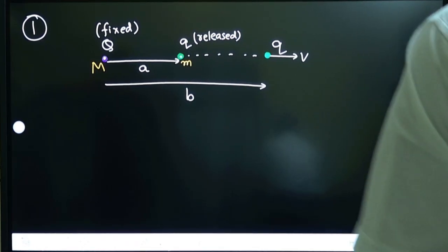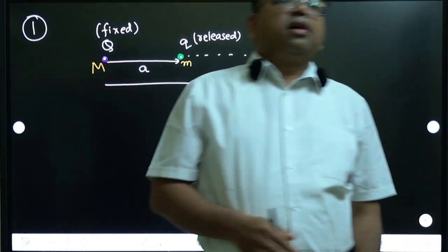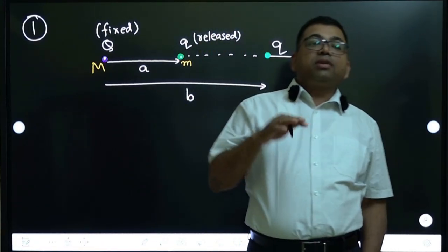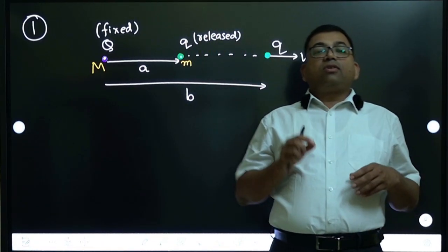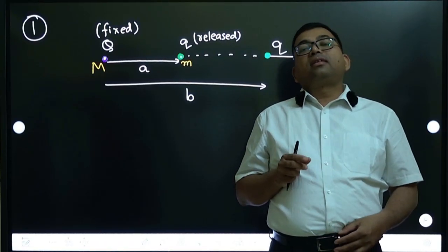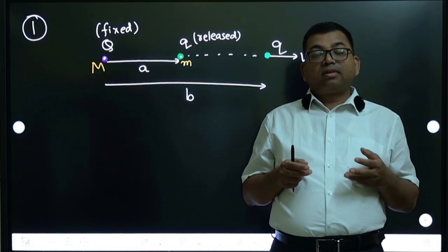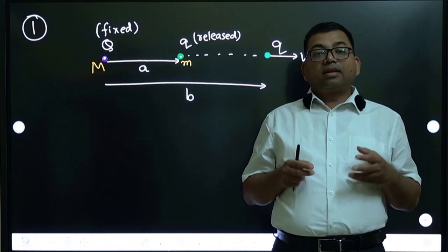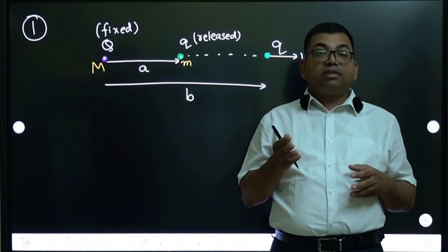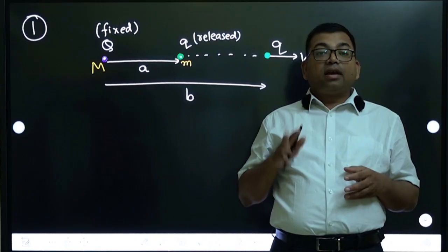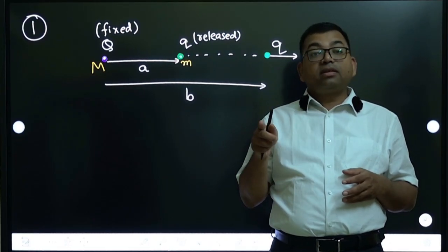So acceleration will be changing with distance. If you know the acceleration, then you can think of writing the differential equation. Yes, acceleration can be written as dv by dt or v dv by dx. I think here you can use v dv by dx, right?